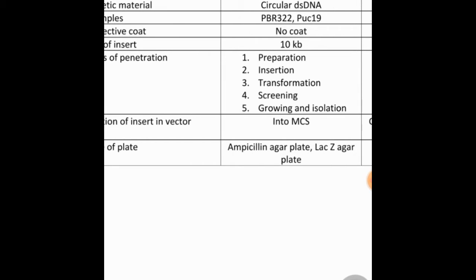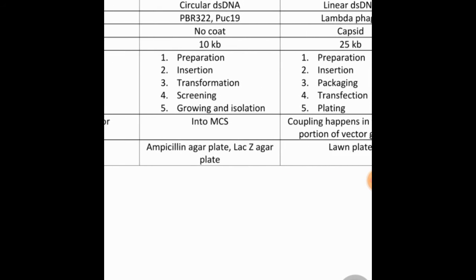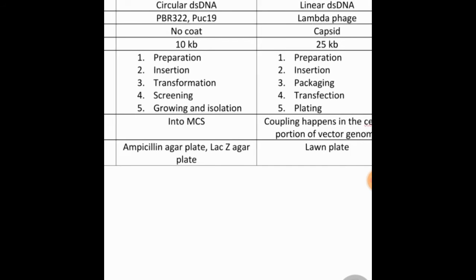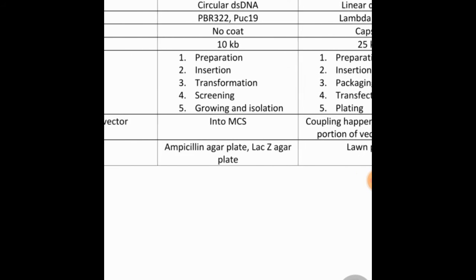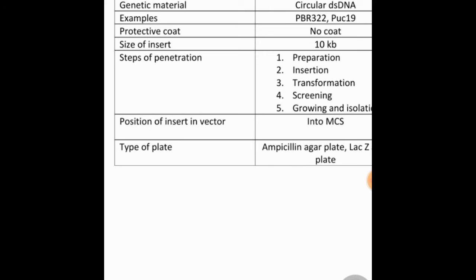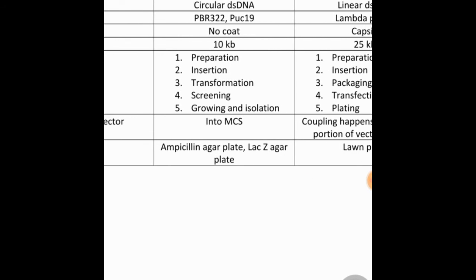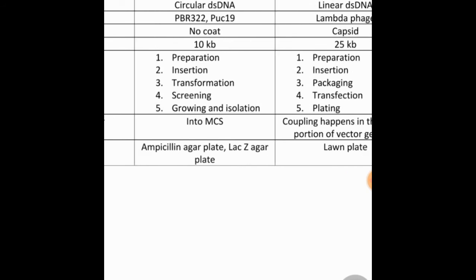As for the size of insert, for plasmid vector, the insert could be up to 10 kilobases. However, for lambda vector, we can go up to 25 kilobases, which means the inserts can be larger in lambda vector compared to plasmid vector. For the steps of cloning, plasmid vector begins with preparation and then insertion, then transformation, which is the uptake of DNA material by the bacterial cell, then screening, and lastly growing and isolation.